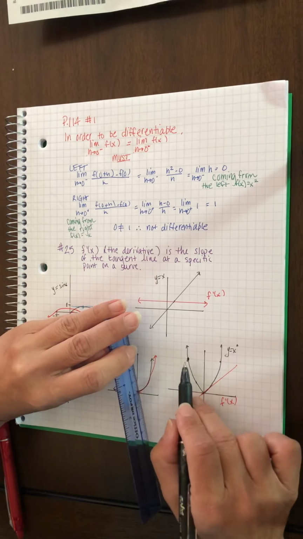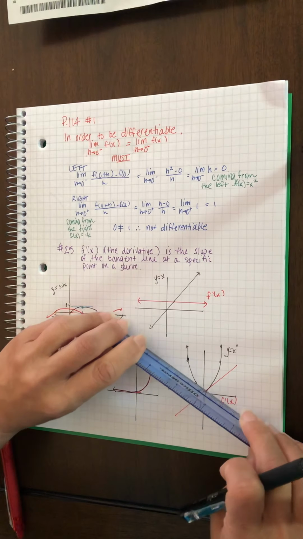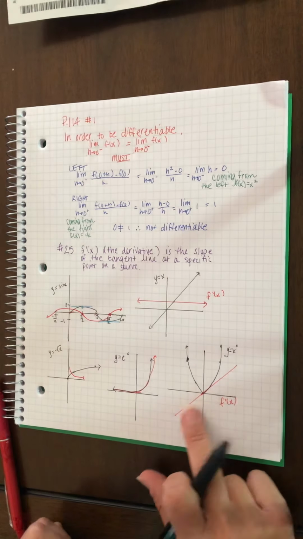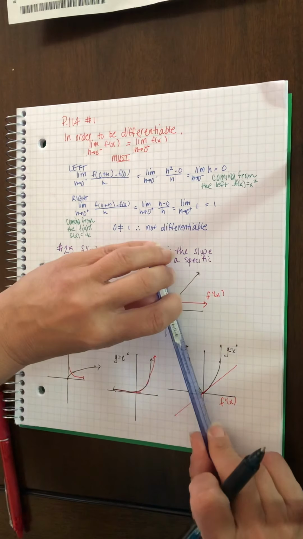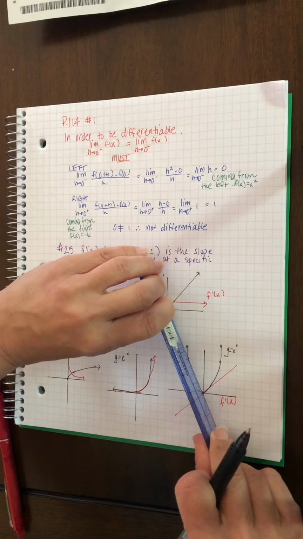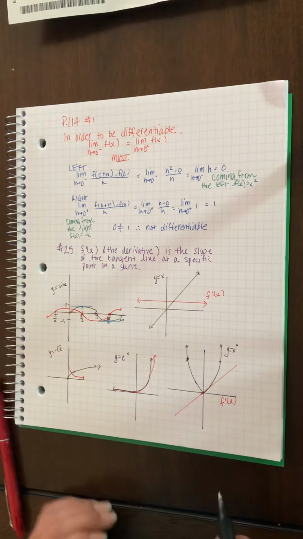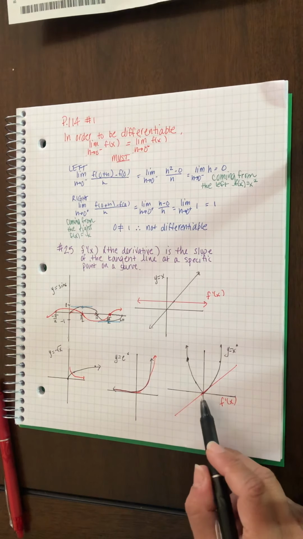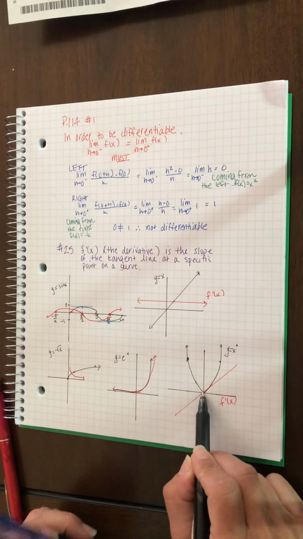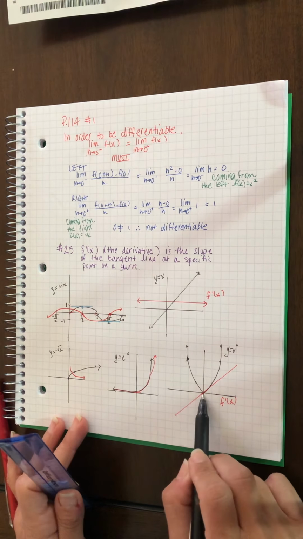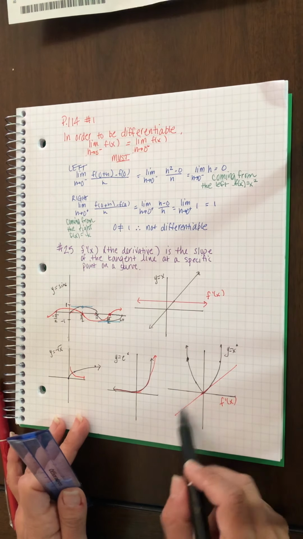As I move down the parabola, the tangent lines, the slopes are negative, and as you go along the parabola, the tangent lines approach 0. Hence why it's in the third quadrant. It's negative slope. From negative infinity to 0, the slopes are negative.